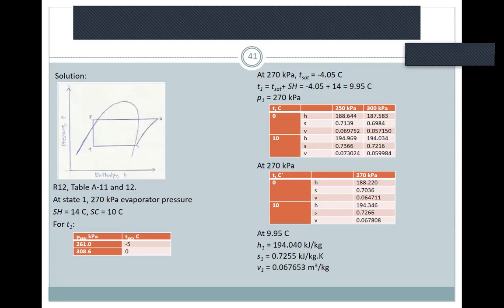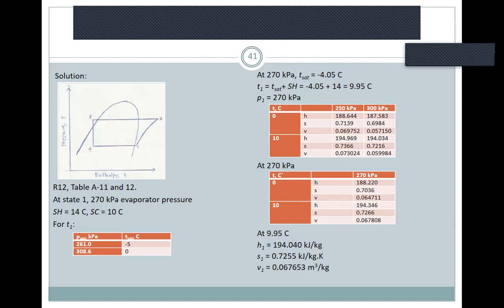Saturation is negative 5 and 0. So at 270 kilopascal, the saturation temperature is negative 4.05 C by interpolation. So the T1 is T sat plus superheat, negative 4.05 plus 14 is 9.95 C. Sinabay ko yung 5 at 4.05, hindi 4.1, hindi 4.0, para halos exact. Accurate yung solution natin. And P1 is 270 kilopascal.